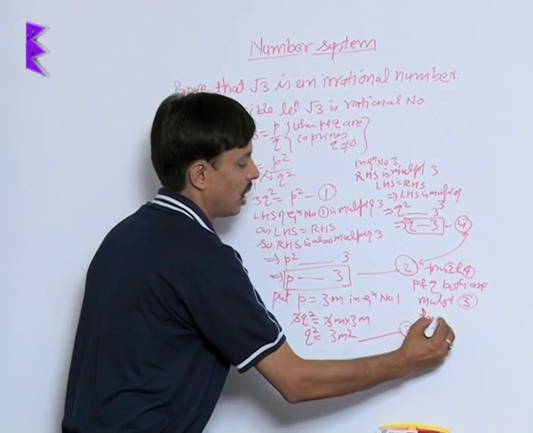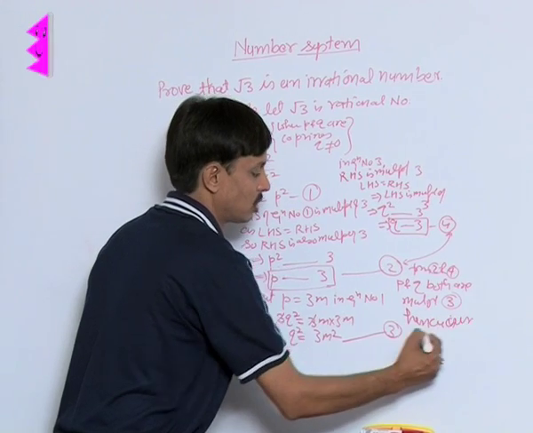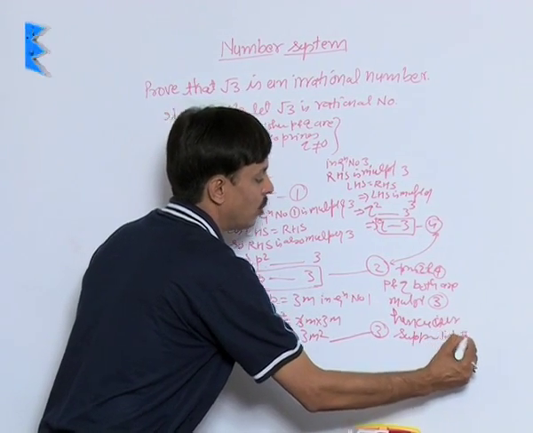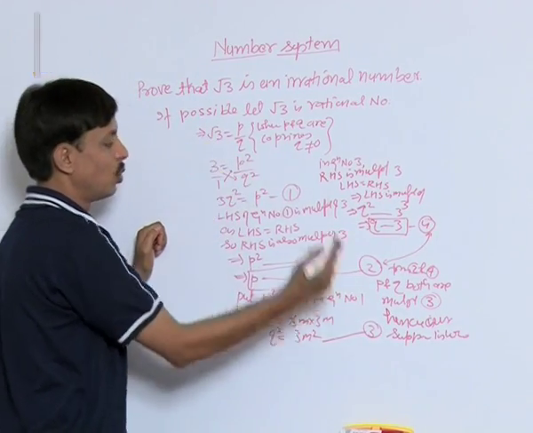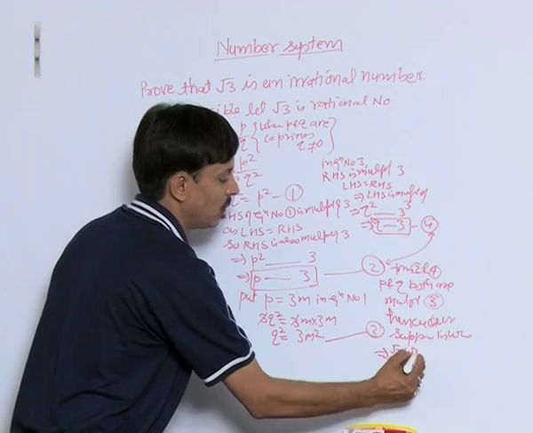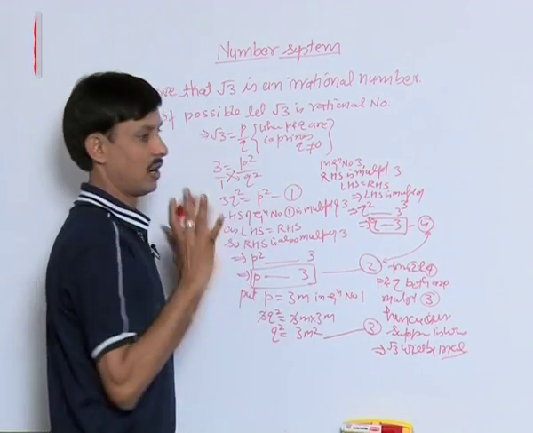Hence our supposition is wrong. What did we assume? We have assumed root 3 is rational. So this implies root 3 will be an irrational number.